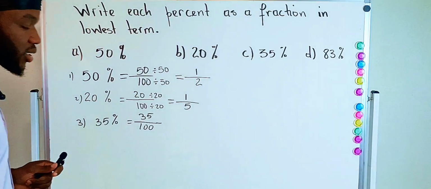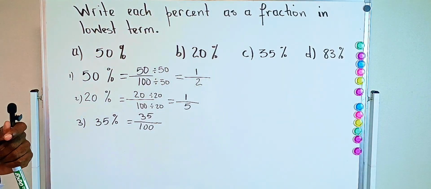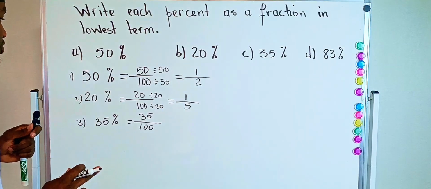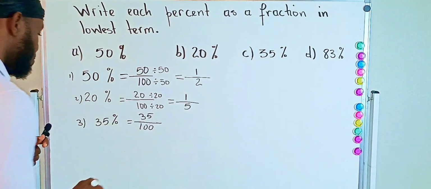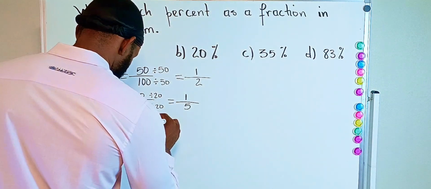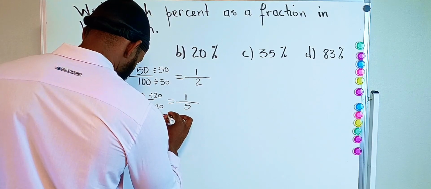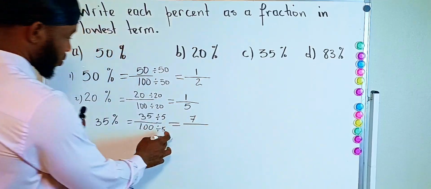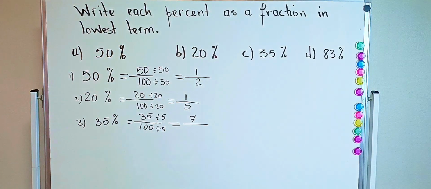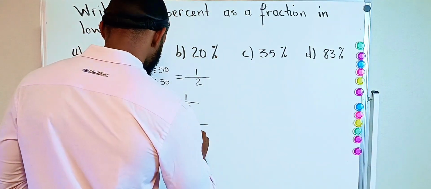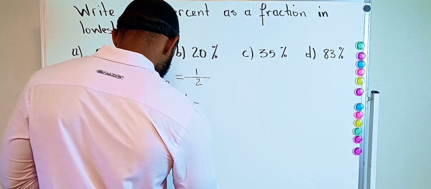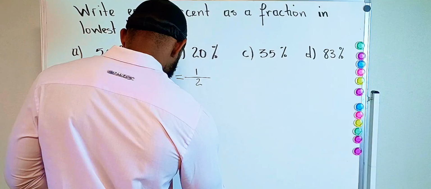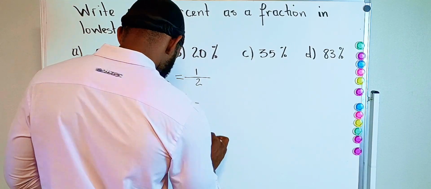Let's see, if we list all the factors for those two, we can take the greatest common factor between them. So let's say it's gonna be divided by 5, divided by 5. That's gonna be 7 over 20.